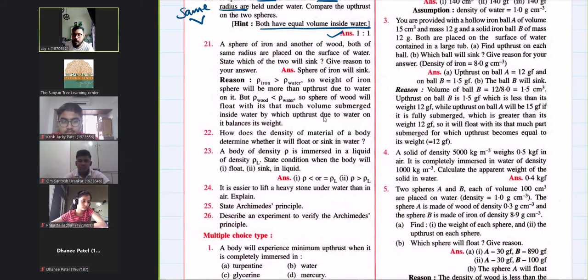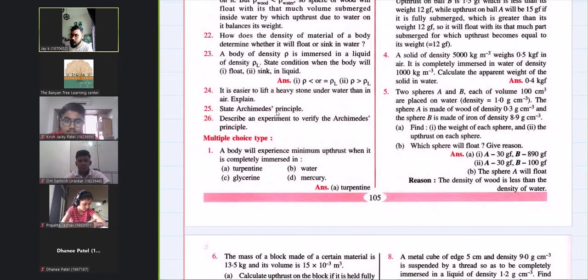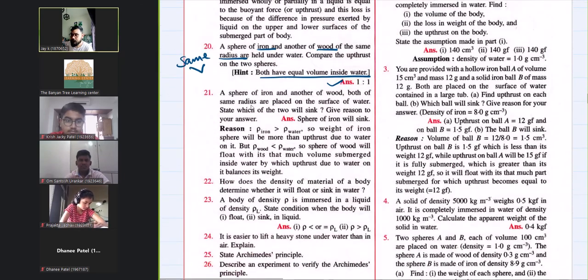Although both wood and iron sphere will experience the same upthrust, since the weight of iron is greater, it will sink and wood will float. This is due to the greater density of iron, it will sink, and the lesser density of wood, it will float. But since both have the same volume, both will experience the same upthrust. No need to write this also.